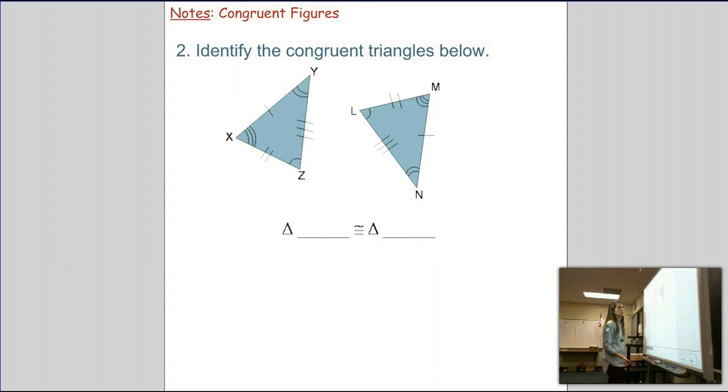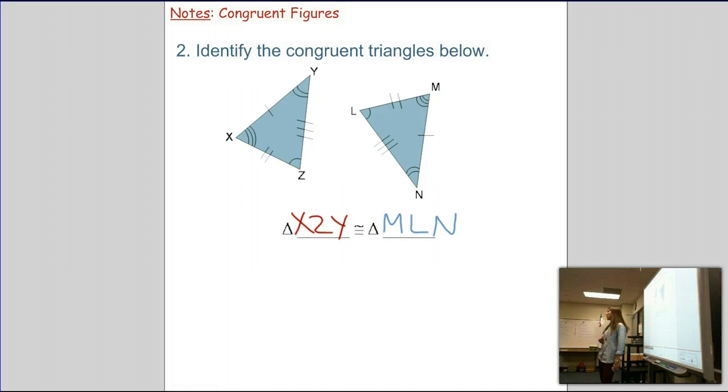All right, let's try another one. Alyssa, this one's yours. Triangle XZY is congruent to triangle what? X has 3 arcs.